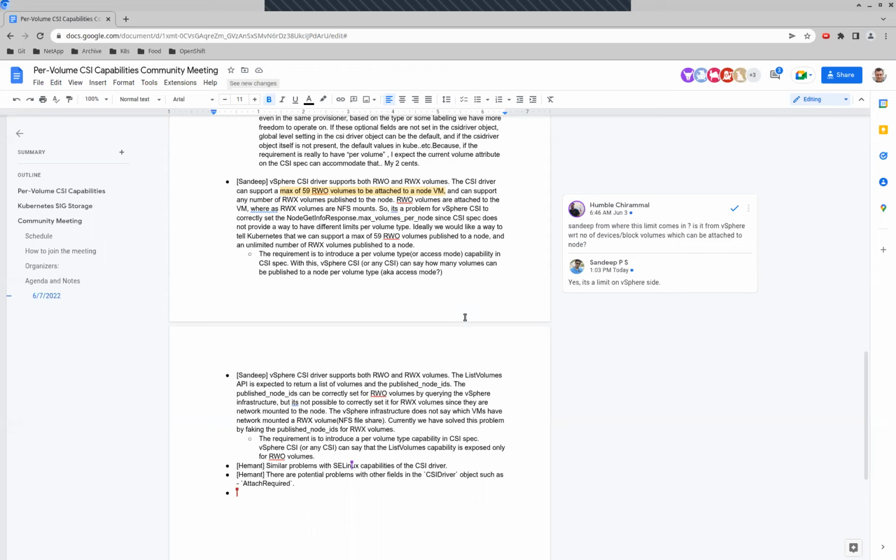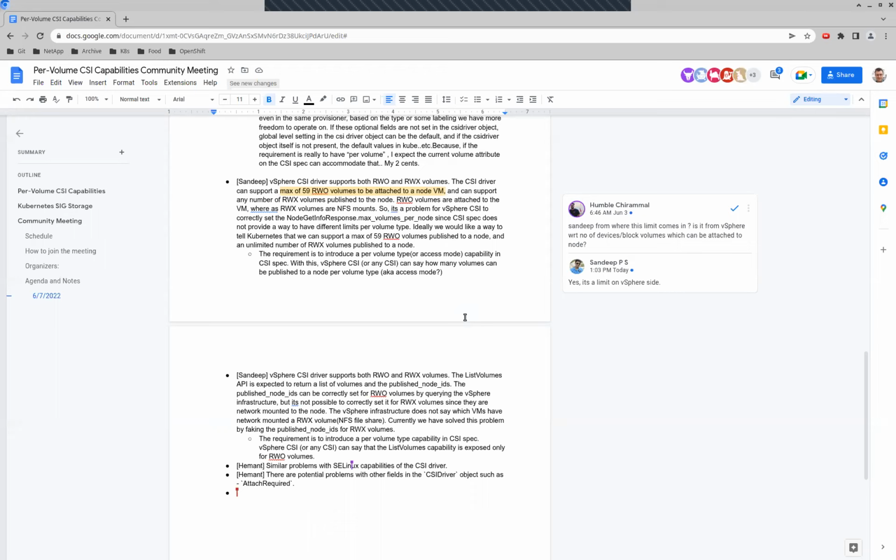Let me talk about what we went through when we designed this CSI driver. At that time, we knew that we had to support both read write once and read write many, two different volume types. And we did research. We looked at the CSI spec to see whether it says we need two separate drivers for separate access modes.